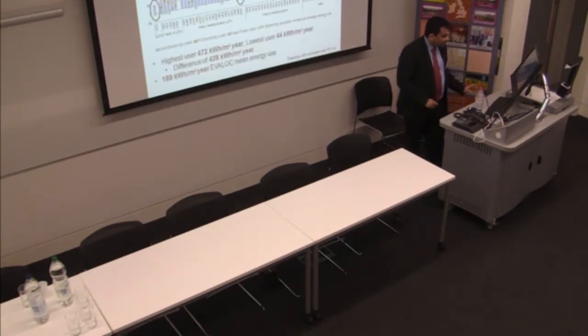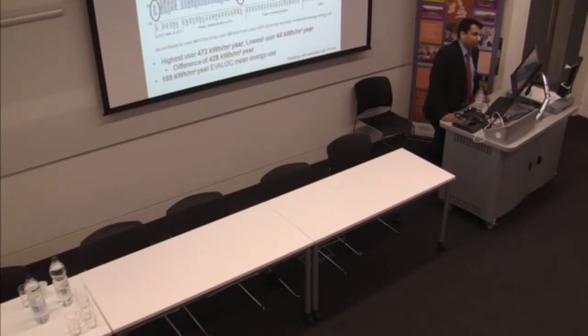The highest user here is 472 kilowatt hours per square meter per year, and the lowest is somebody in Oxford who has 44 kilowatt hours per square meter per year. The house with the lowest use did not have a major retrofit done. It has a very switched on individual who looks after energy use. And 44 is almost better than, or close to, a passive house.